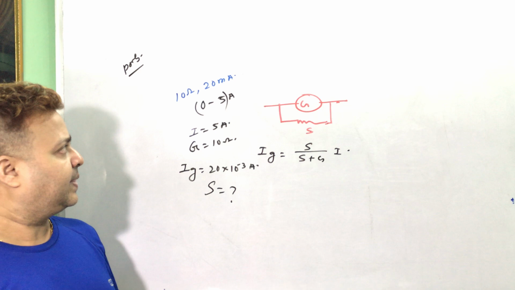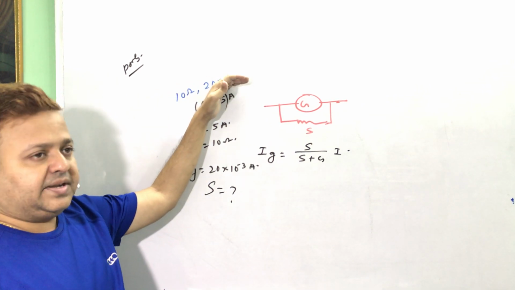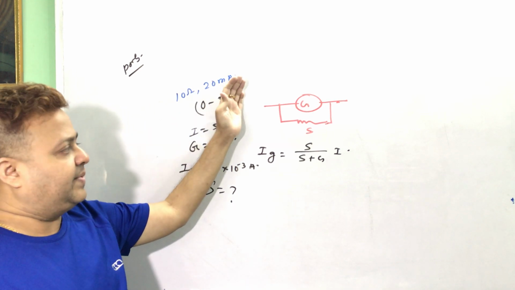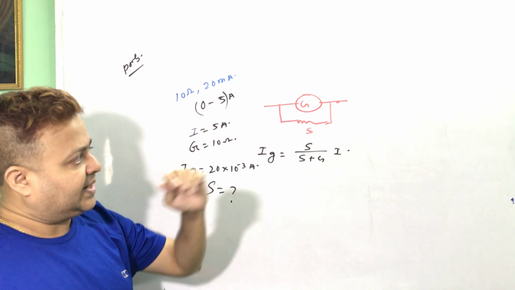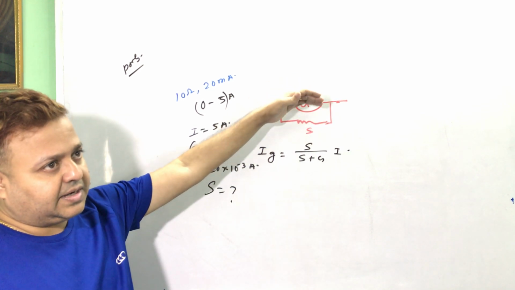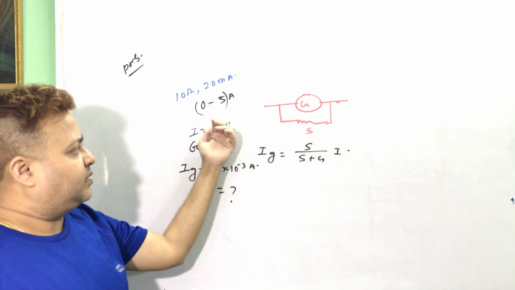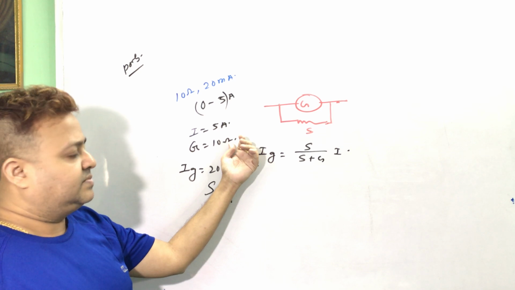The rating of the galvanometer is given as 10 ohm, 20 milliampere. To convert the galvanometer into an ammeter of range 0 to 5 ampere, the shunt, a small resistance, is to be connected. The total current is 5 ampere, galvanometer resistance is 10 ohm.